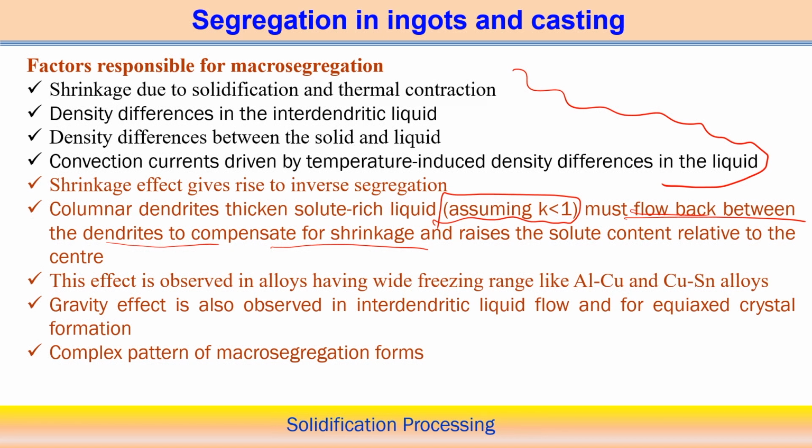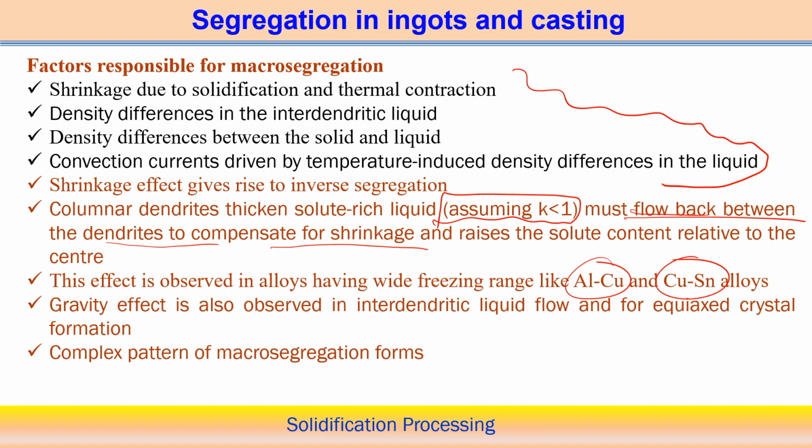So this concentration difference creates a kind of macro segregation. This effect is observed in alloys having a wide freezing range. For example, aluminum copper and copper tin alloys have a wide freezing range, and we can observe changes in composition between the center and the interdendritic spacing. So that creates some kind of macro segregation. Even gravity effects are responsible for interdendritic liquid flow, and for equiaxed crystal formation gravity also plays an important role.